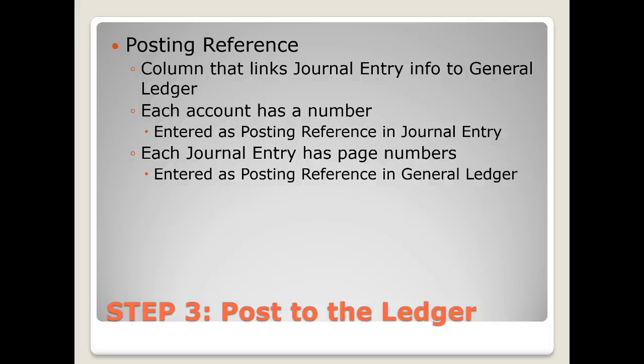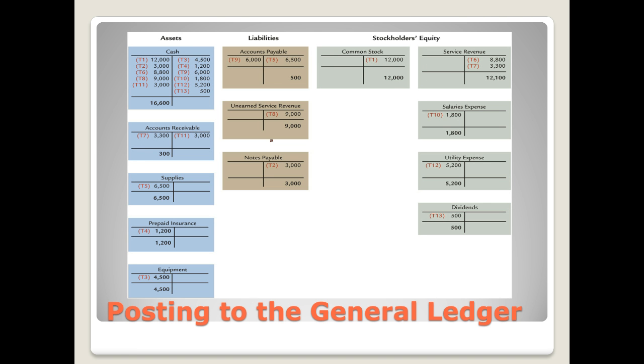All of the journal entries that we made for high-tech each have linked info on the general ledger, and each account has a number, so every journal entry gets a posting reference and it links directly to the general ledger. Let's follow that. Remember those 13 transactions? For every single one of them, there was a debit and a credit.